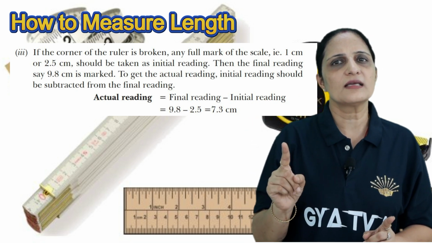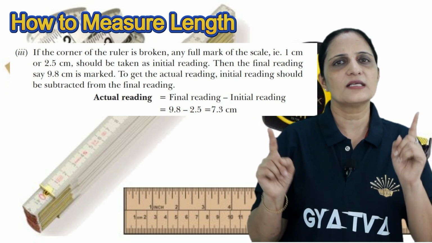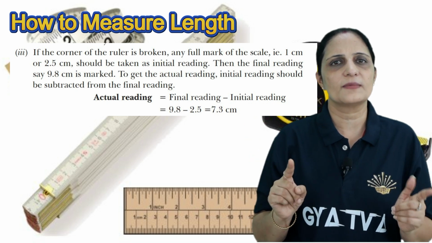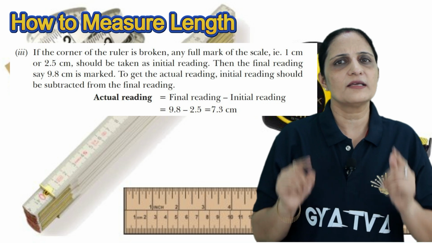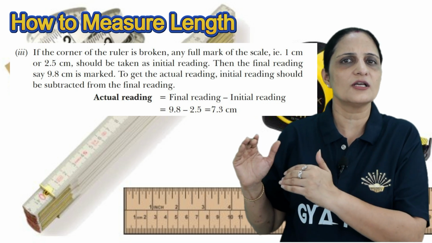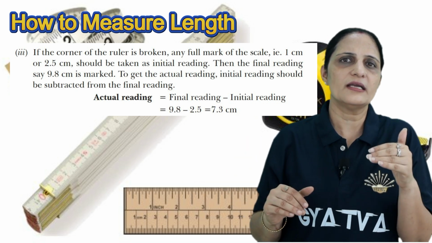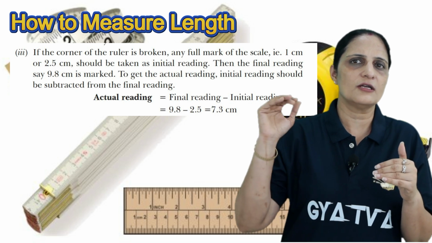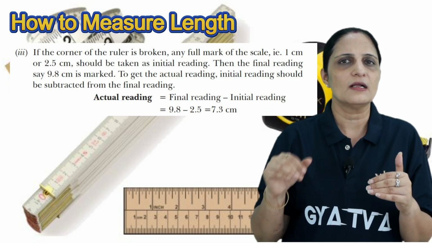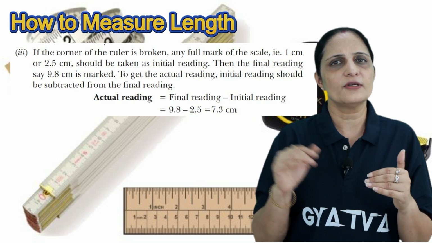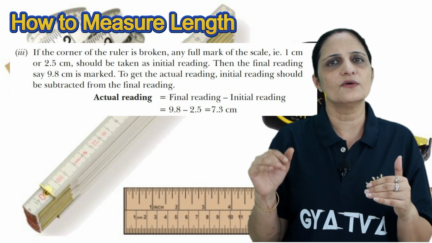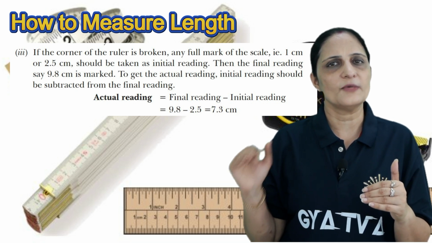So for the actual reading, what do we have to do? We have to subtract the initial reading from the final reading. So the actual reading will be final reading minus initial reading. Suppose your final reading was 9.8 centimeter and the initial reading 2.5 centimeter. So what will the actual reading be? 9.8 minus 2.5, that will give you 7.3 centimeter.